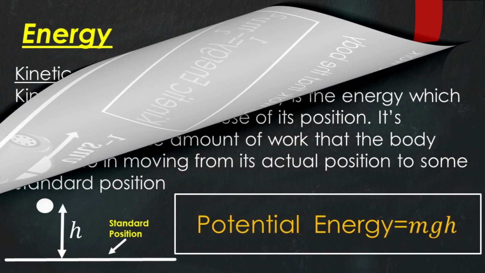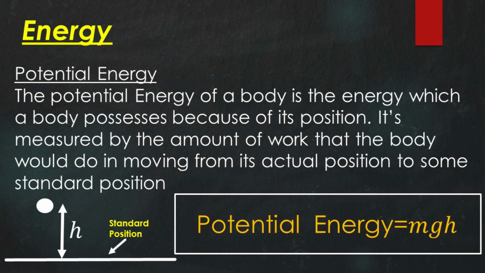So the next one is potential energy. What is potential energy? The potential energy of a body is the energy which a body possesses because of its position. It's measured by the amount of work that the body would do in moving from its actual position to some standard position.